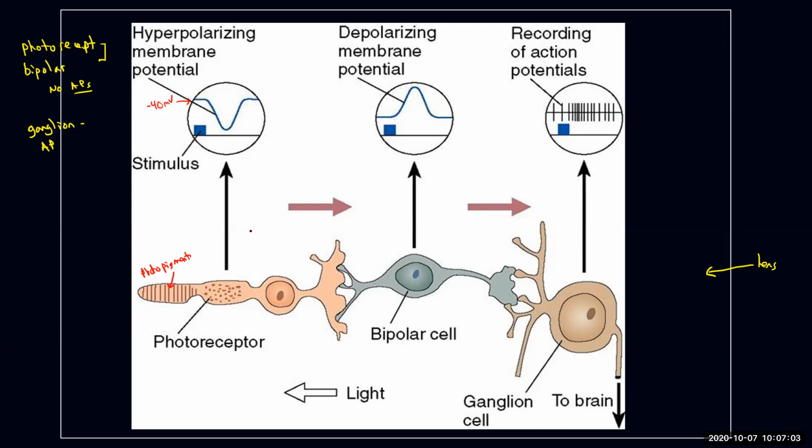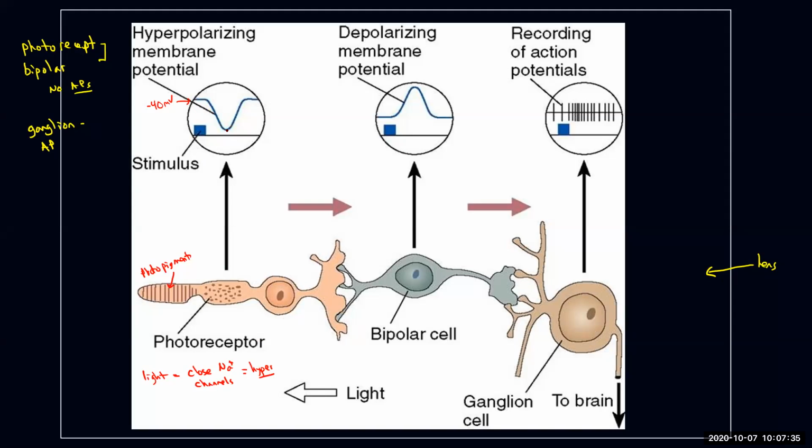Sodium's flowing in. Here I shine some light. What does light do to my membrane potential? Well, remember, light equals close sodium channels. And that is going to result in a hyperpolarization. Okay, so here we are, we shine light, we get a nice hyperpolarization in my photoreceptor.